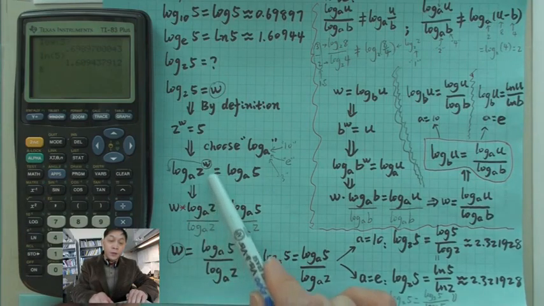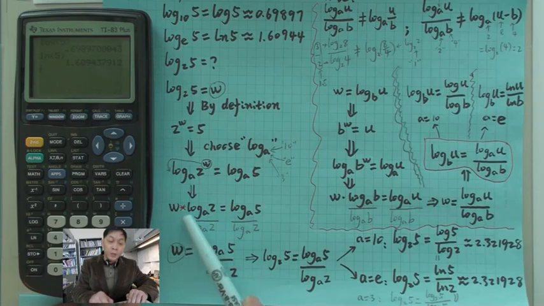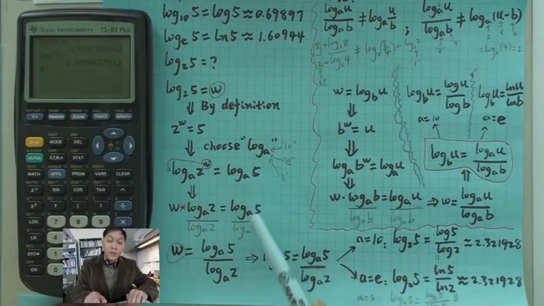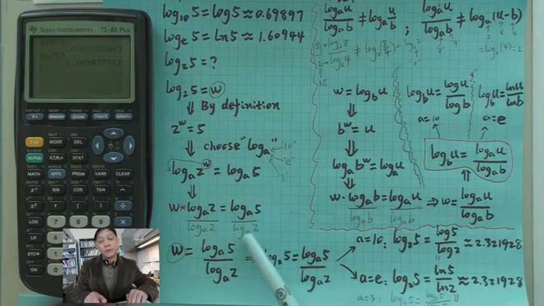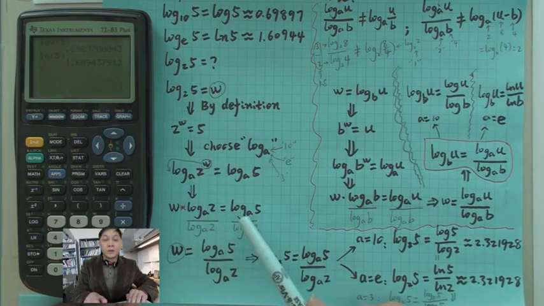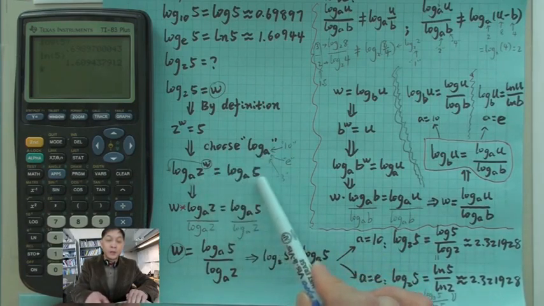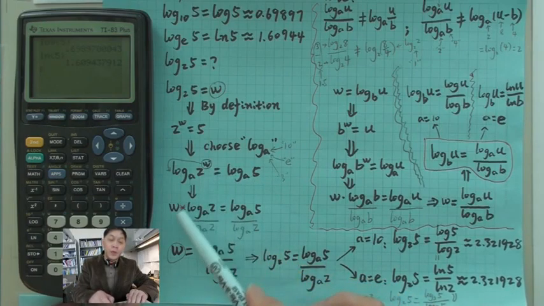So w brought down to the front is w times log base a of 2. The right hand side is still log base a of 5, because we only bring w down to the front. From here to here, both sides choose log base a, and from here we only bring w down.